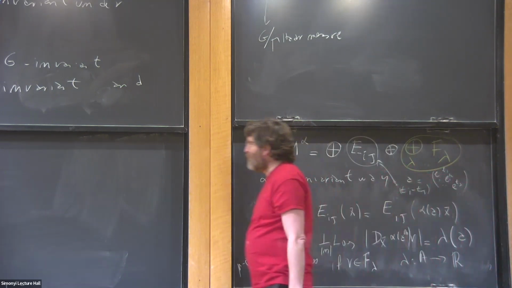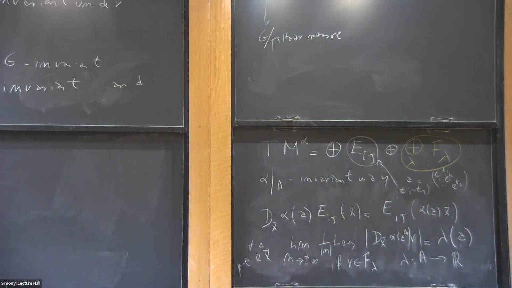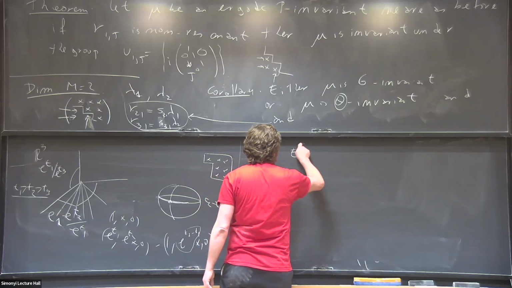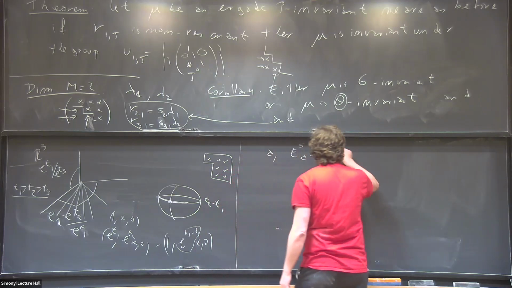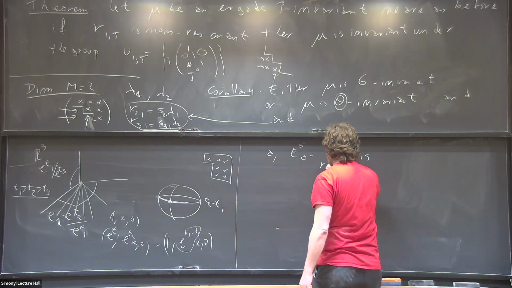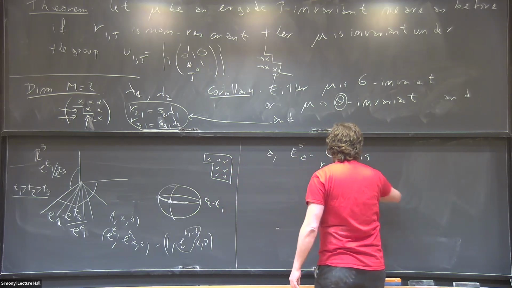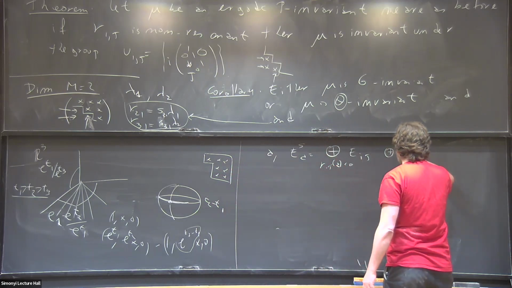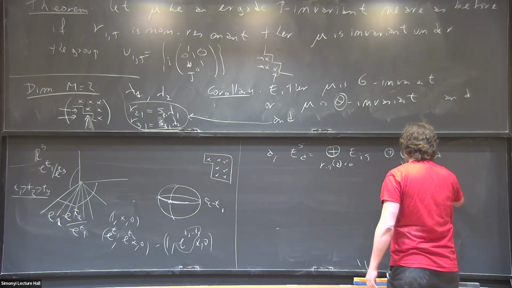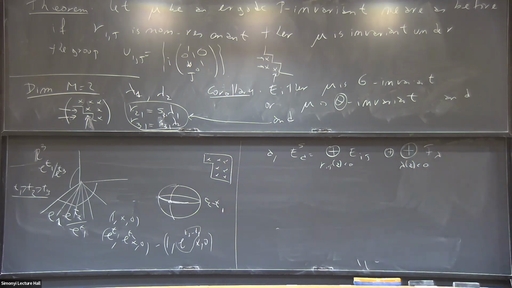So you pick a direction, any A, and you define the bundle as the sum of the E_ij where R_ij of A is negative, plus the sum of the F_lambda where lambda of A is negative.